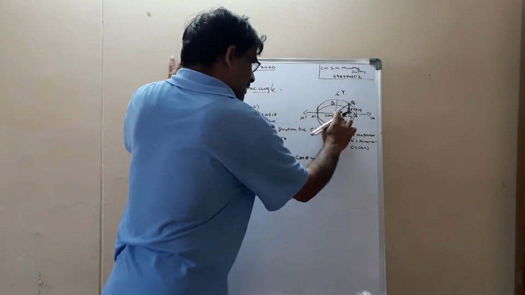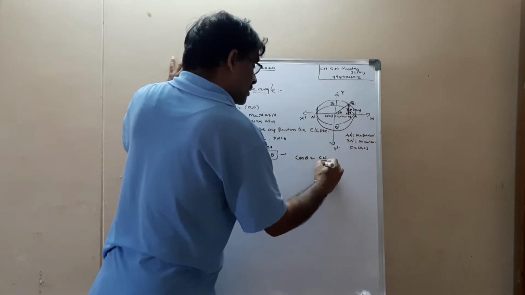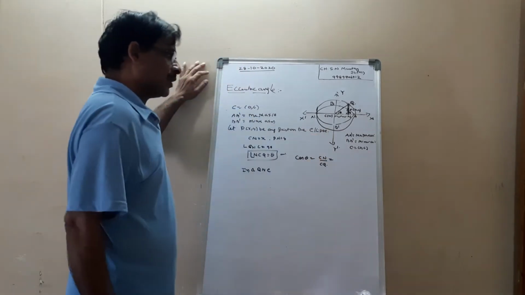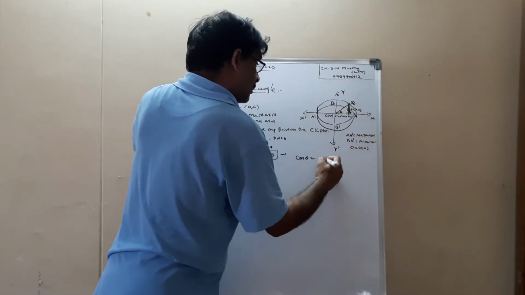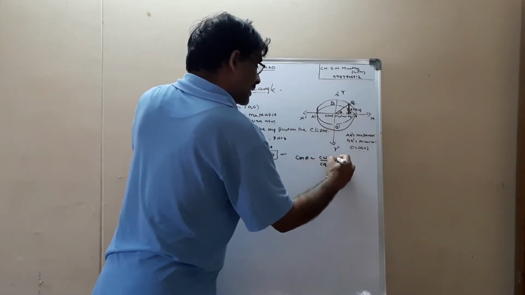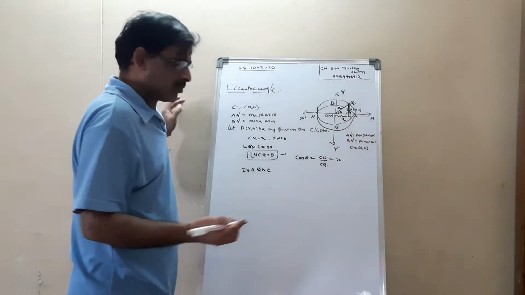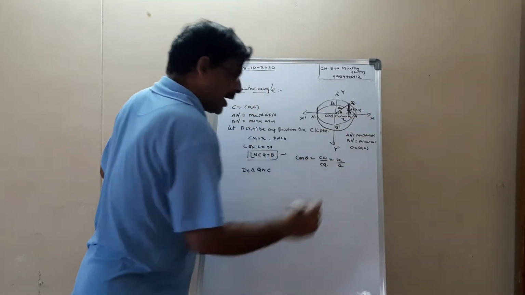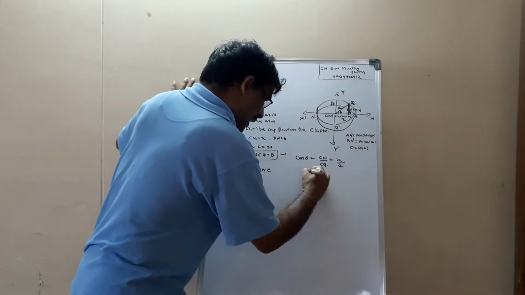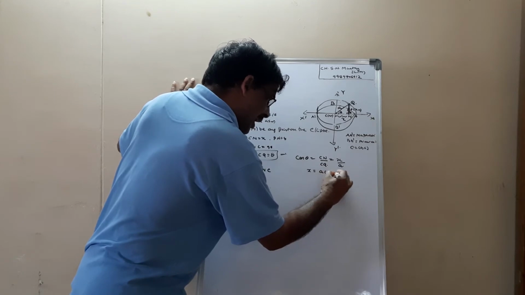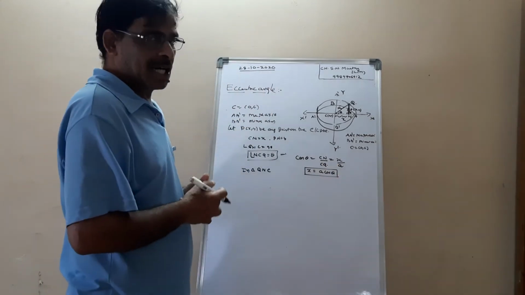Adjacent side means CN, by hypotenuse, that is CQ. You know the CN value, CN equal to x, and hypotenuse, let it be radius, equal to a. Then cos theta equal to x by a. Then x equal to a cos theta.